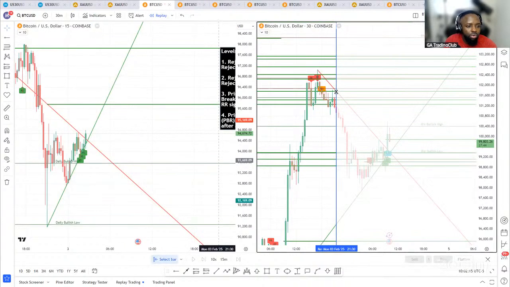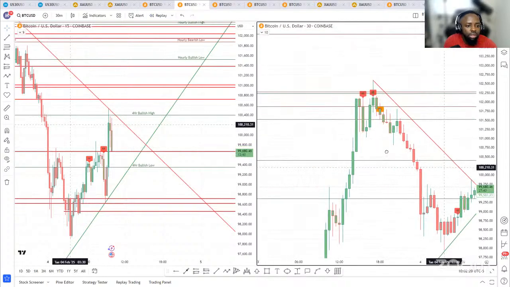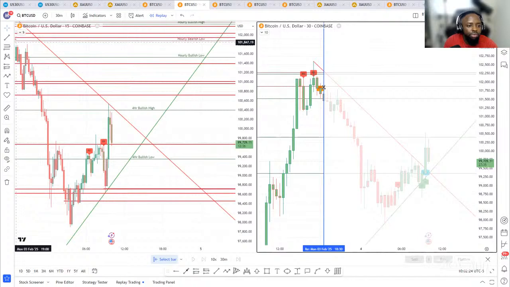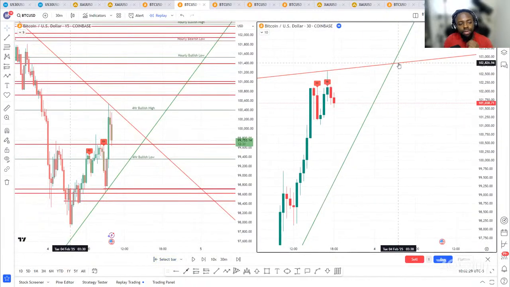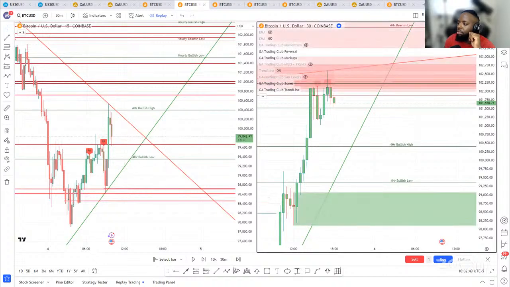So if I go to this prime break of support here, actually it was this one. If I go ahead and do a replay of this, we see whether this prime break of support was in a red zone. So if we turn on the zones indicator here, wait, give me 1 second.